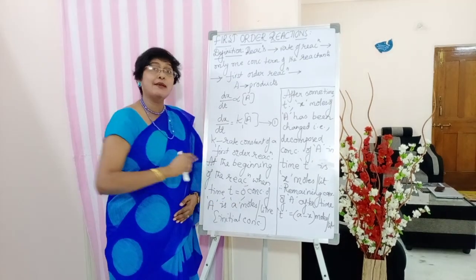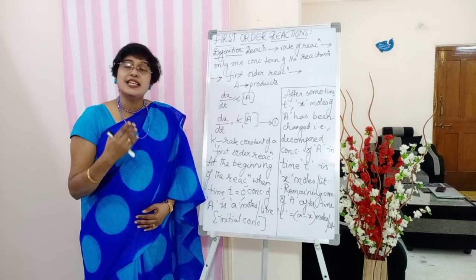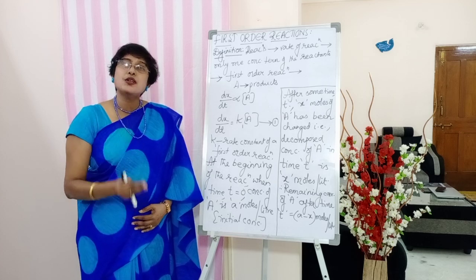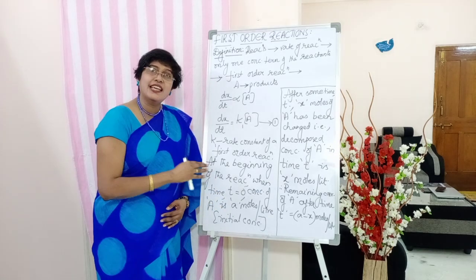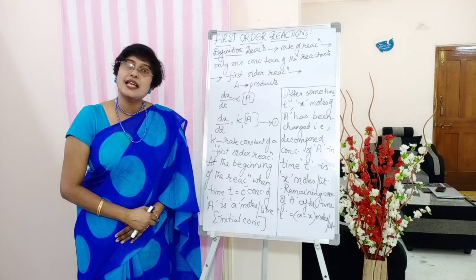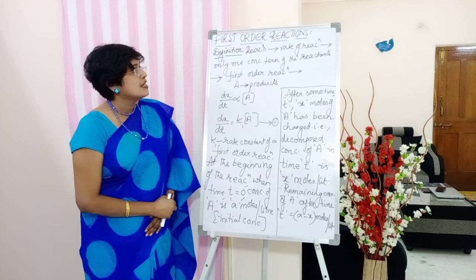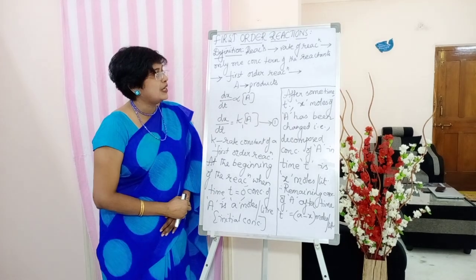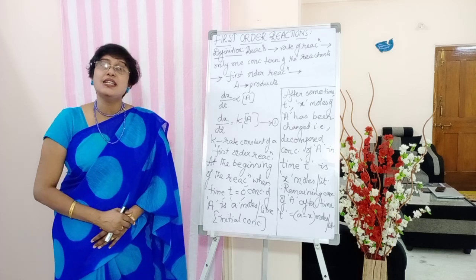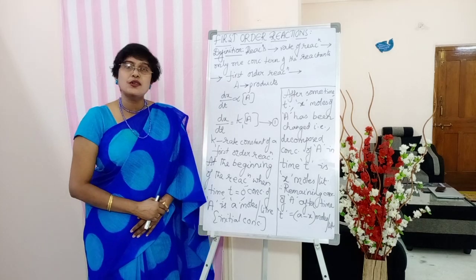Small letter A moles per liter are there. But time passed by, so the reaction has started. Some portion of this A is now converted into products. So we are assuming it to be small letter X. So X moles of A has been changed or converted into products, which we call the decomposed concentration.